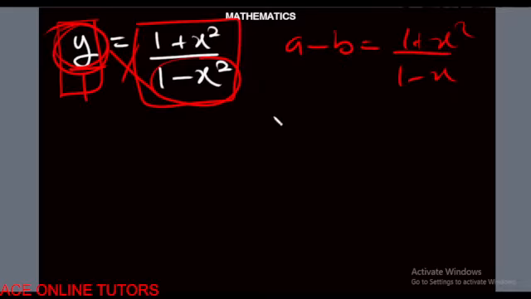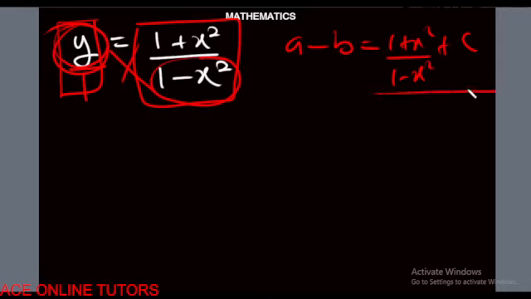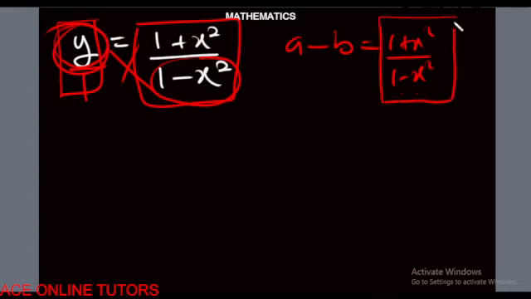But let's assume that you're having a minus b equals 1 plus x squared over 1 minus x squared plus c. In this case, you cannot cross multiply, because this one is having another addition here. So that means that for you to be able to cross multiply, you must have only 1 term that is a fraction on one side, while on the other side you can have as many terms as possible.